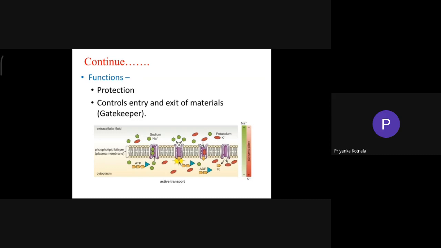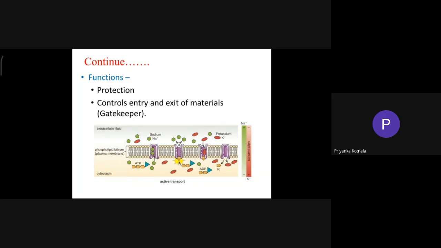Just like our skin protects us from the outside disturbances to the body, cell membrane also protects the cell, and it controls entry and exit of materials, just like a gatekeeper.